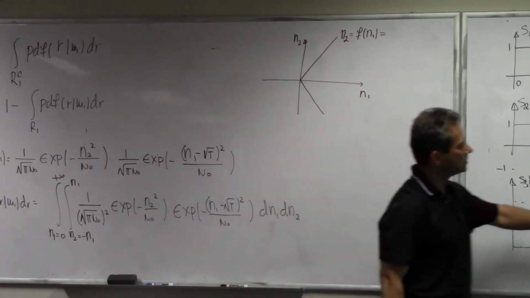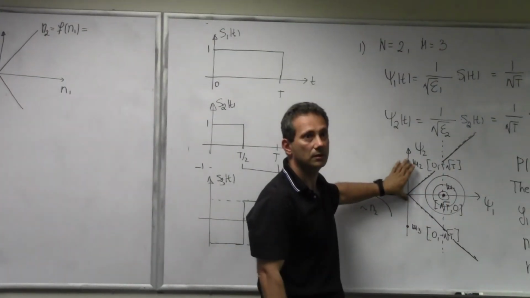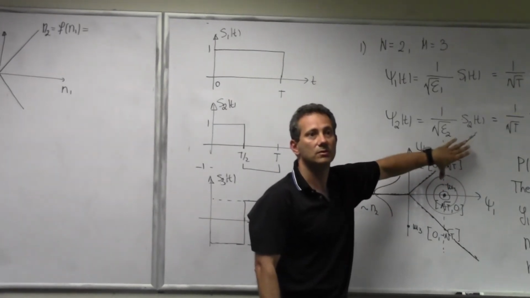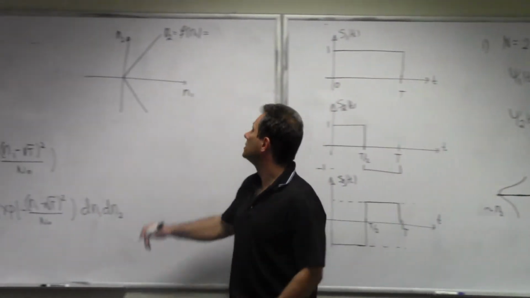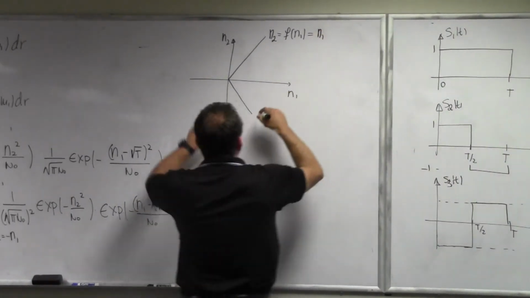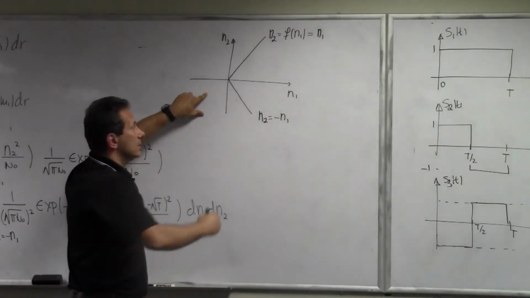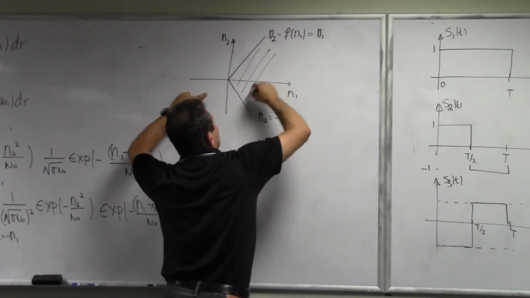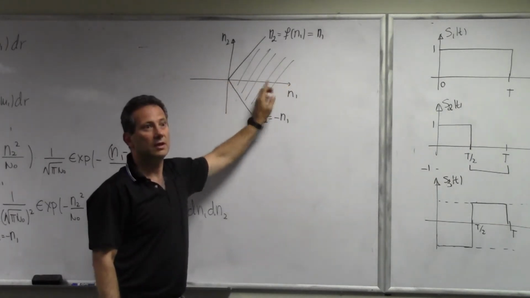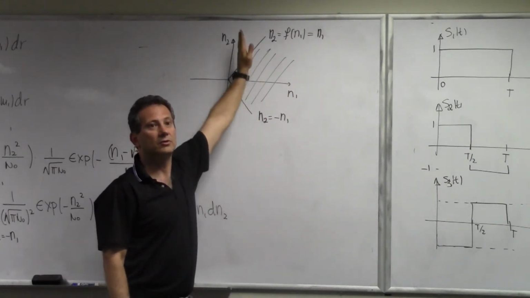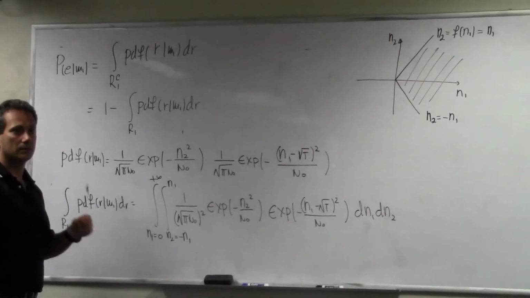They're the same, this is 45 degrees, because this is square root of E and this is square root of E. So this line here is n2 equals n1. How about this one? n2 is equal to minus n1. So I need to integrate over this area. How do I integrate over this area? n1 goes from 0 to infinity, n2 goes from minus n1 to n1. So this is what I have here.